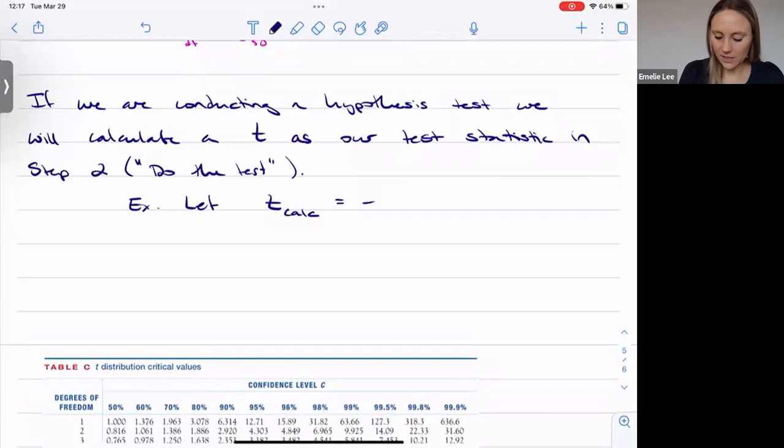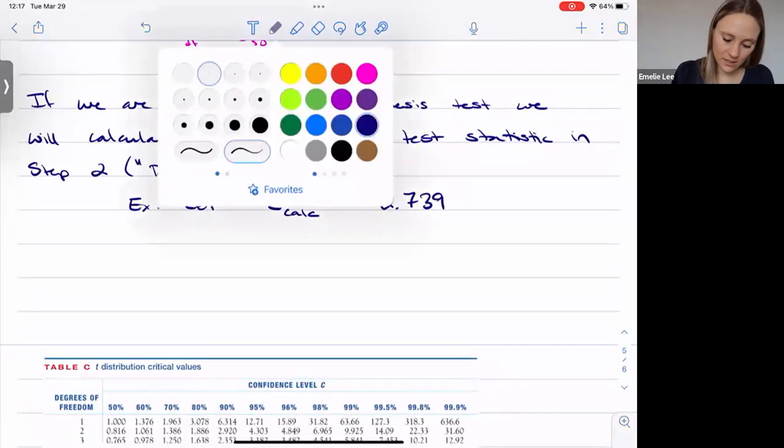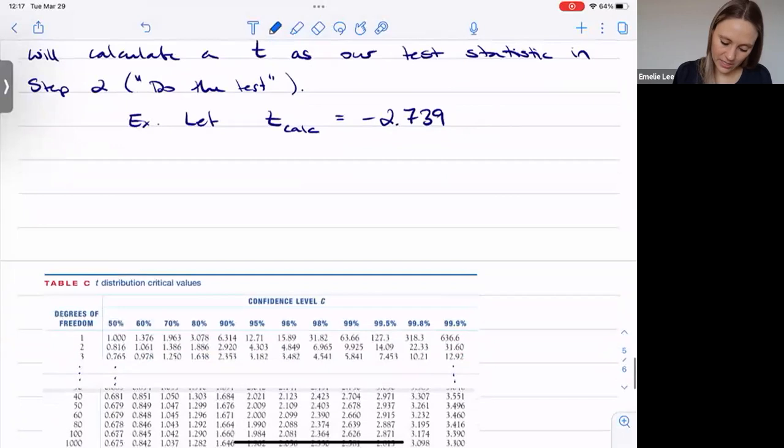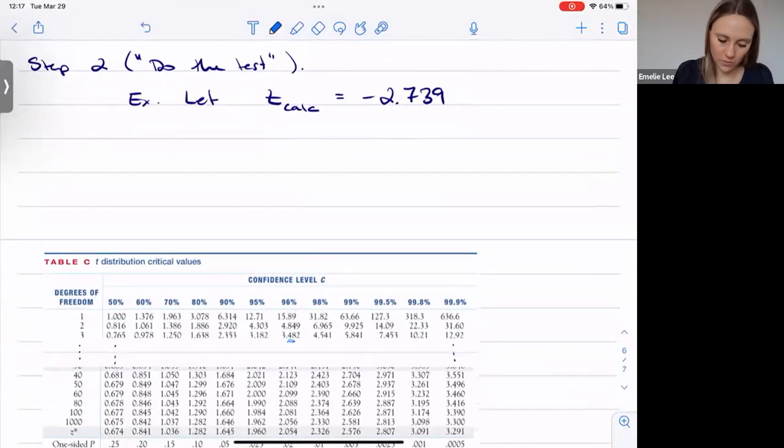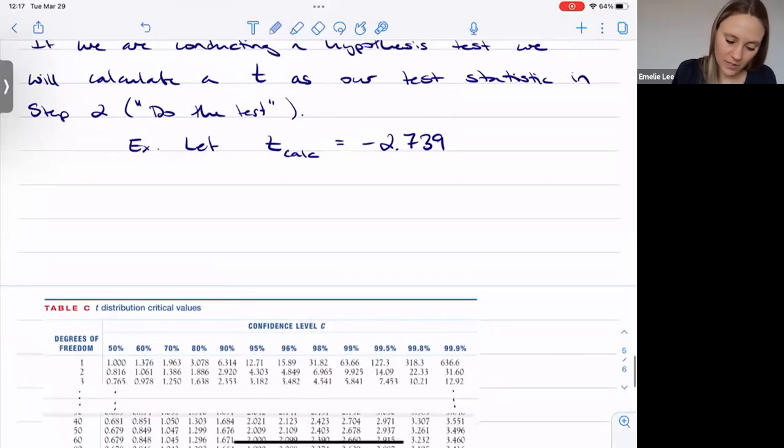So the t calculated is negative 2.739. Notice the table has 3 decimal places. So then we use 3 decimal places.